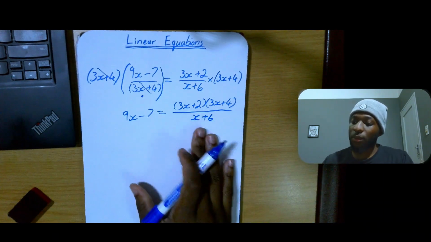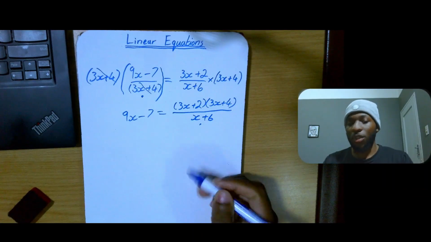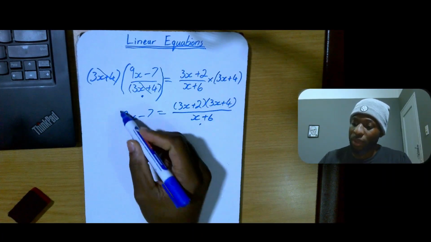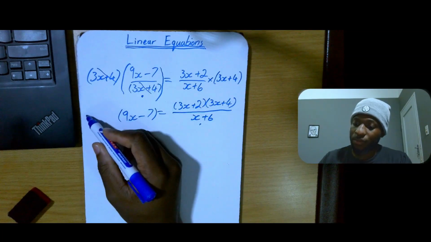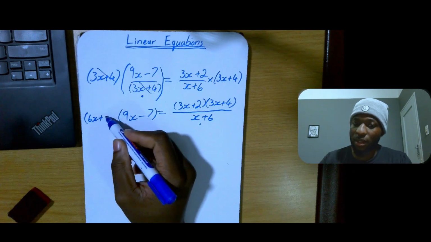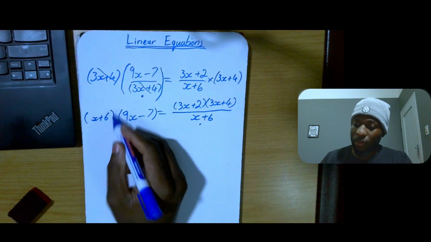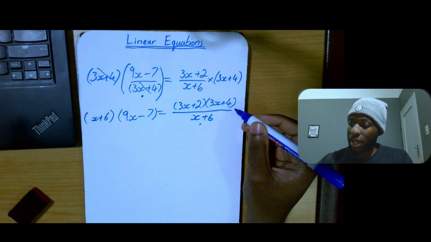Now we need to get rid of this fraction over here. We'll do the same thing. We multiply everything by x plus 6 and do the same on that side as well. x plus 6 multiplied by that times this.